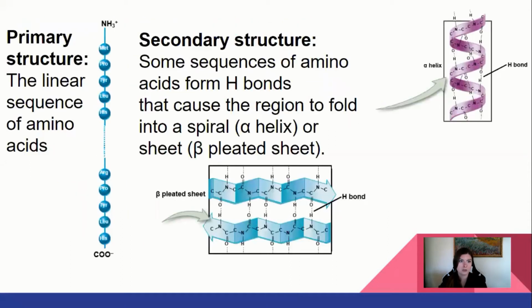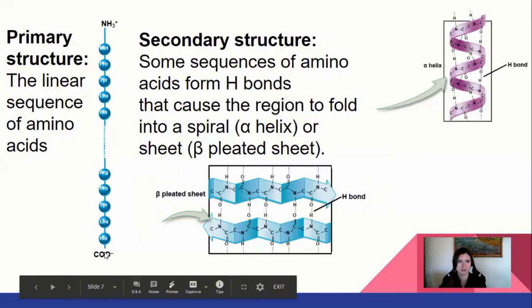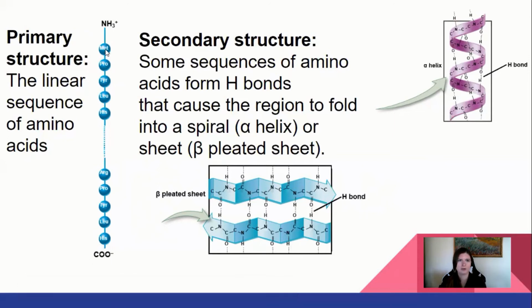Okay, so that's what forms our primary structure of a protein. The primary structure is just the amino acids linked together. Here we have shown our amino group from that first amino acid. Here's the carboxyl group from that last amino acid. And here we have abbreviations for each of the amino acids. We didn't write out the specific chemical formula, but each bead is an amino acid.